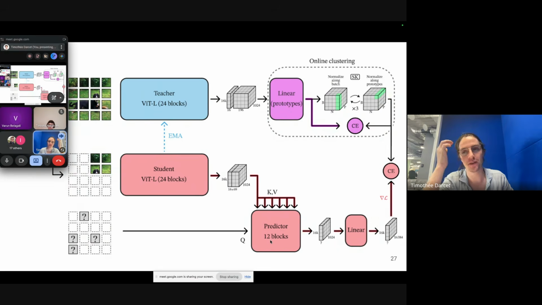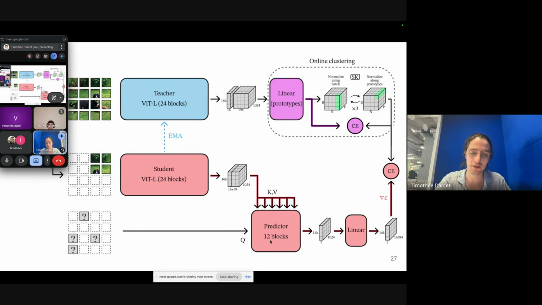Yeah, it's a good question. So the fact that they match is entirely coincidental. I don't have any passion for the number 16K. But it is correct that there is intra-batch dependency in the form of the Sinkhorn-Knopp algorithm. And clearly there is a link between the number of prototypes and the number of samples in your batch.